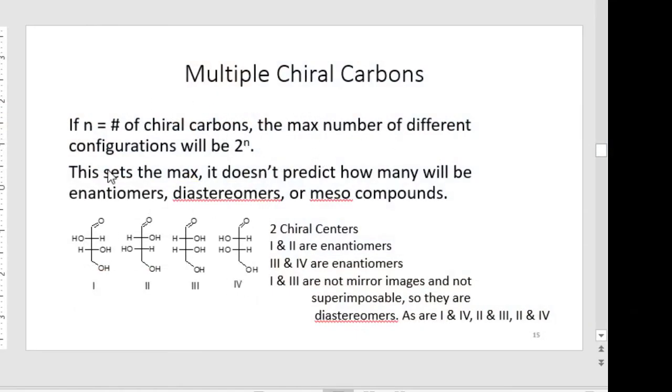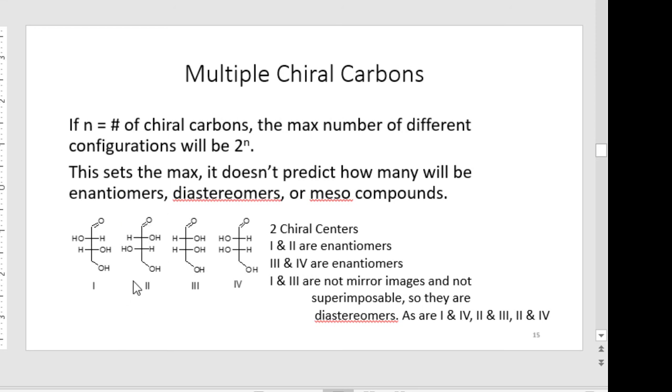There's a way of keeping up with these to figure out how many enantiomers there are. All this is saying is we can look at these and say this has 2 chiral carbons, and so there are 4 different possibilities. There's this one on the left, and when I draw its mirror image here, see how those 2 are mirror images?